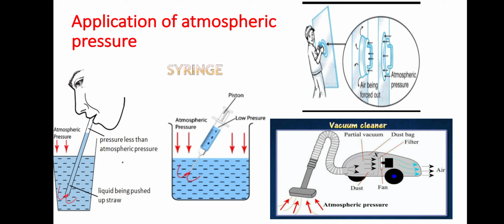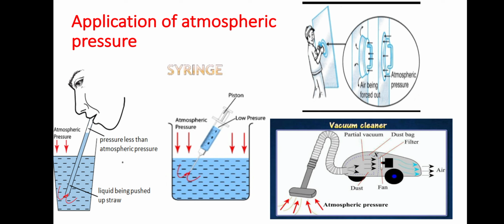We see rubber suckers, they get easily attached to the wall. This is because when they are forced to attach to the wall, air is forced out and now atmospheric pressure is acting on them. Due to the difference in pressure, they stick to the wall.